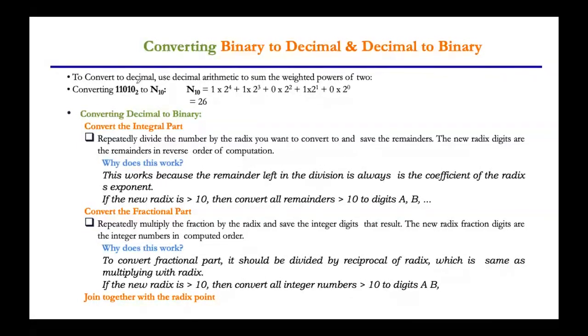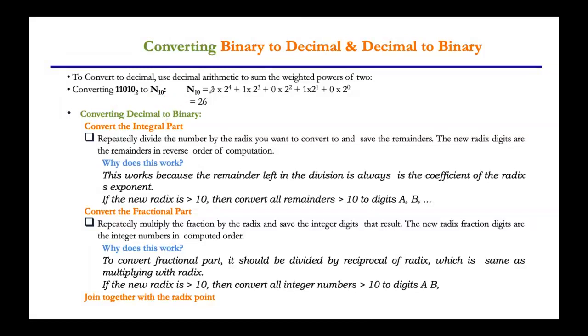To convert to decimal, use decimal arithmetic to sum the weighted powers of two, for the integer portion as well as the fractional portion. Suppose we are converting the binary number 11010 to its equivalent decimal number. The total number of bits here is 5, so the first power is n minus 1, that is 5 minus 1 equal to 4.